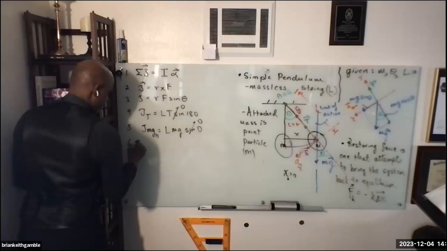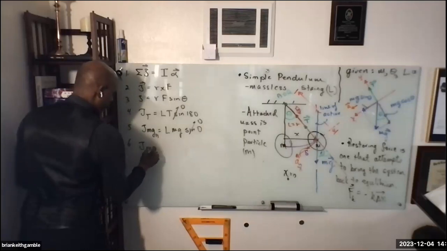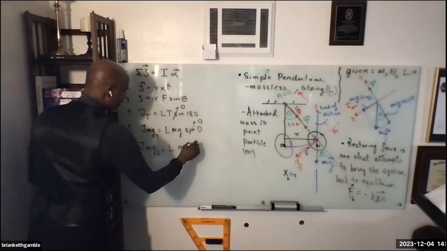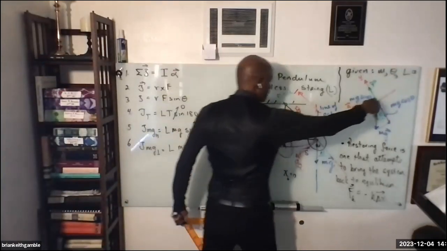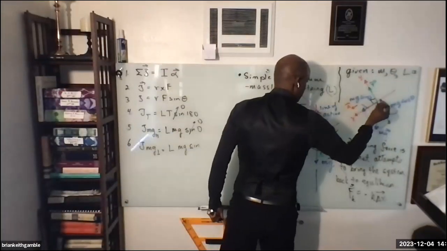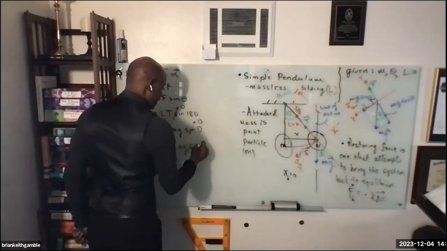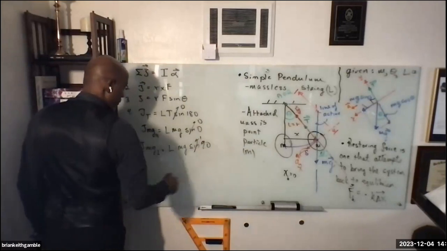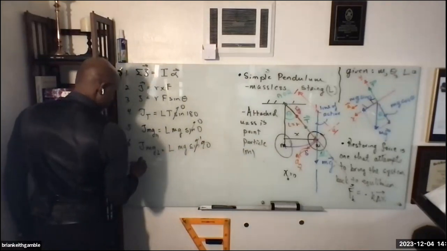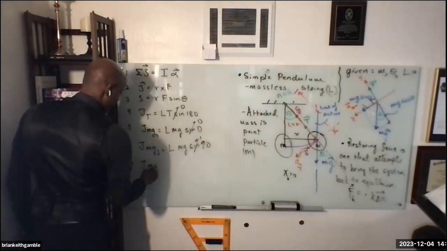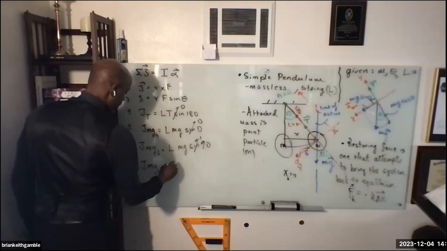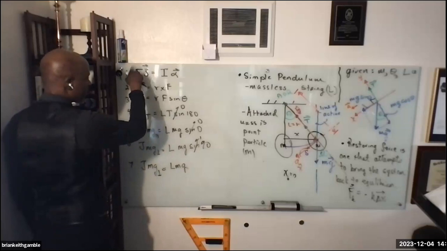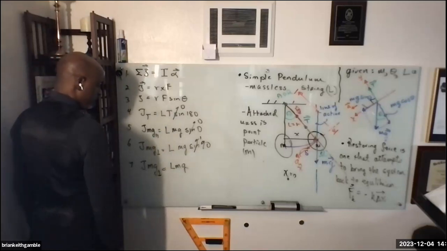But the perpendicular component, mg perpendicular, is going to be L times mg times the sine of 90, because mg sine theta is pointing at a 90-degree angle. Sine of 90 is 1. So the torque associated with the perpendicular component of gravity, the magnitude, is going to be L times m times g. So that's what goes on the left side of Newton's law here.